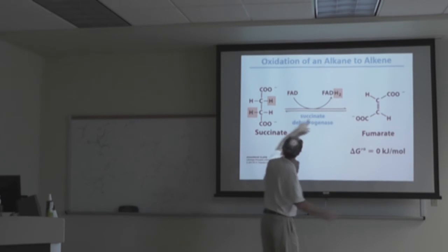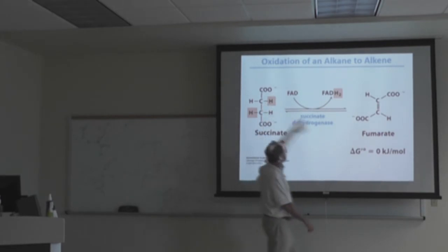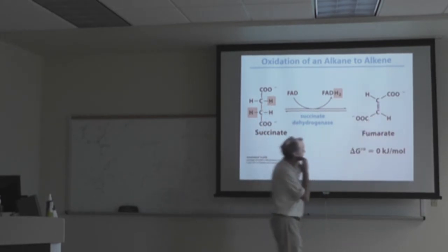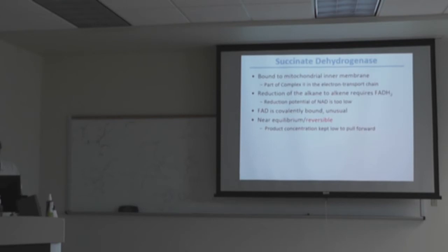So, the next reaction is succinate dehydrogenase, where we take FAD and reduce it to FADH, and this is part of the electron transport chain. Remove one of these hydrides, these electrons will drop down and you form fumarate, or you have an ene group there. So like I said, this is bound to the inner mitochondrial membrane.